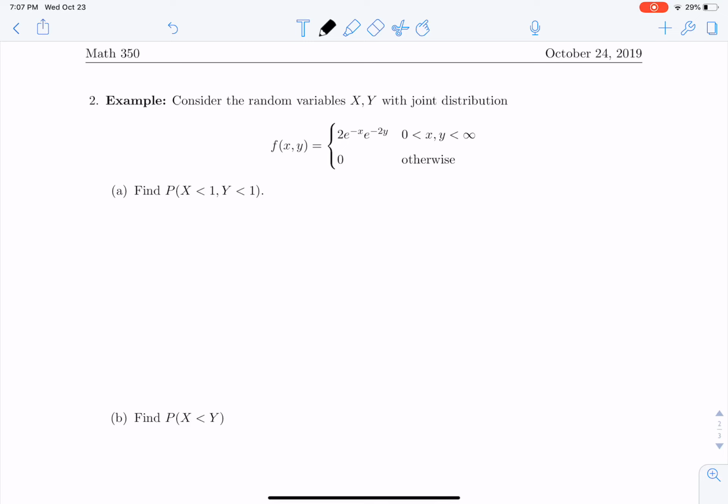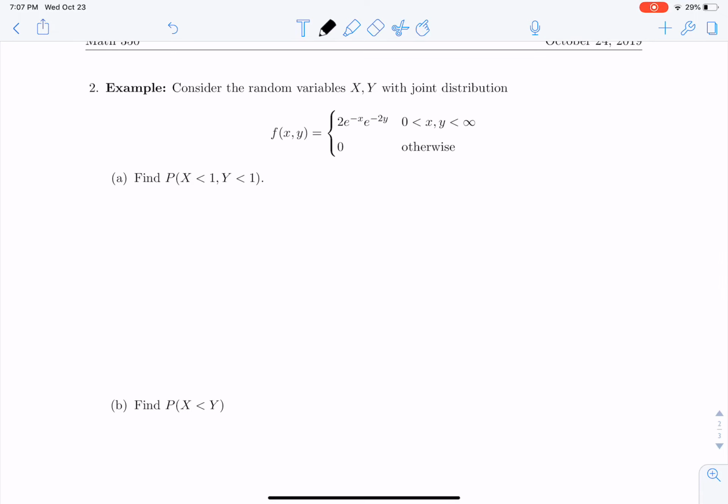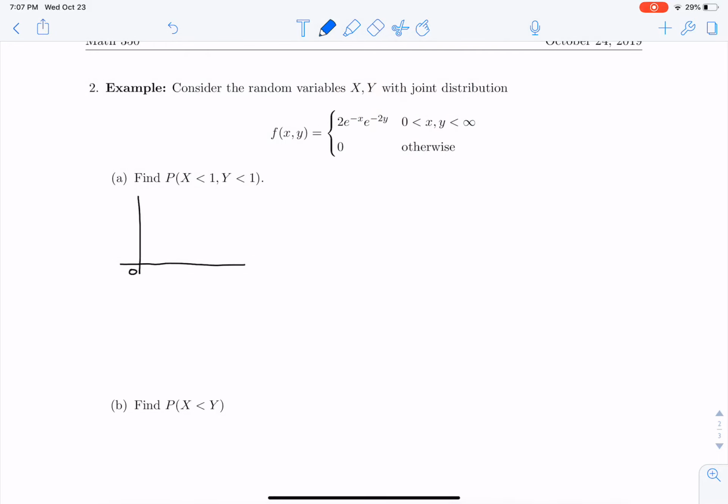Well, if we have our density function, f of xy, we just need to integrate that over the correct region. So what region would we need to integrate over? Well, in this case, we want x to be less than 1 and y to be less than 1. So we have a square region.